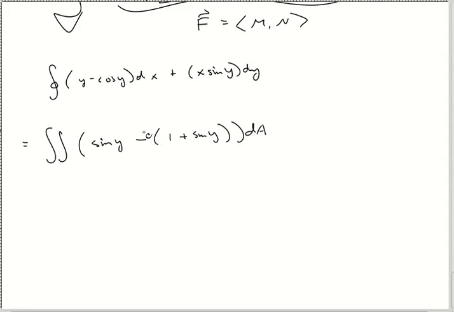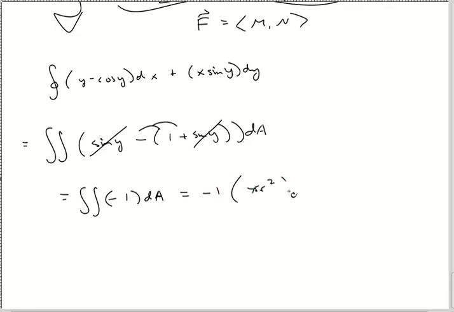Well, notice here that when I distribute my negative sign, I'm going to have my signs actually cancel out, and so I have a negative 1 dA, and I'm looking for the area of that circle. So like -1 times, well, I mean pi r squared essentially. That's what this whole double integral dA is, just an area.